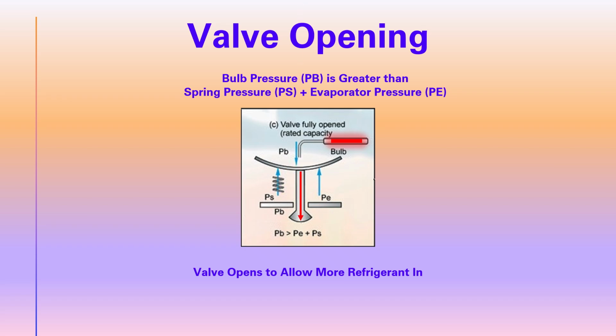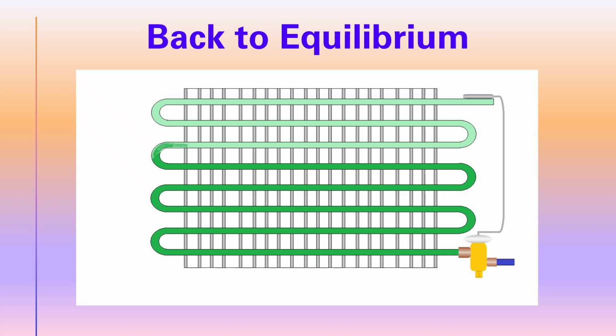It overcomes the pressure of the spring and the evaporator pressure and forces the spindle down, which opens the orifice and allows more refrigerant in. And the effect of allowing more refrigerant in hopefully brings the valve back to equilibrium again.